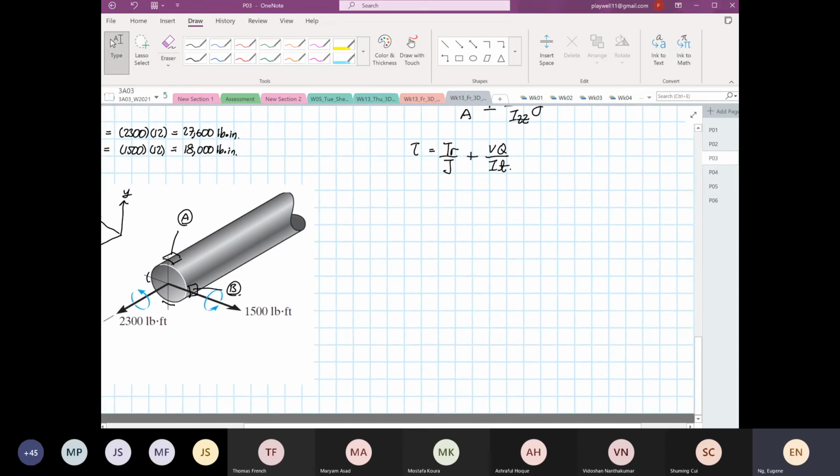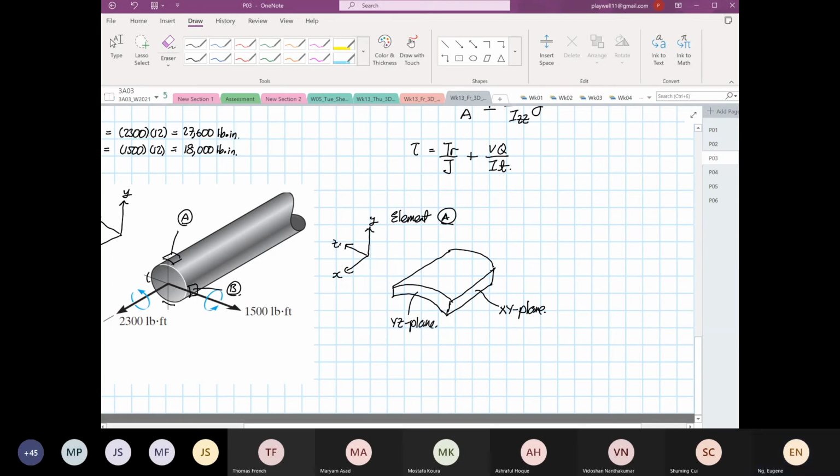So if you look at element A, this is my X, Y, and Z. If we look in terms of planes, this will be my X, Y plane, this will be on my Y, Z plane, and this one will be my X, Z plane.